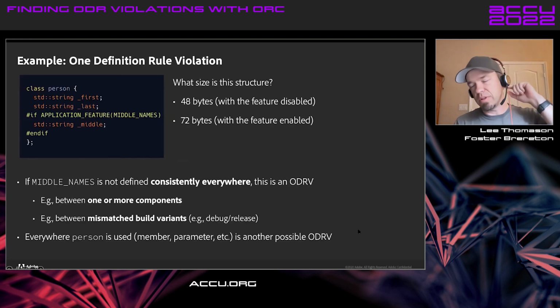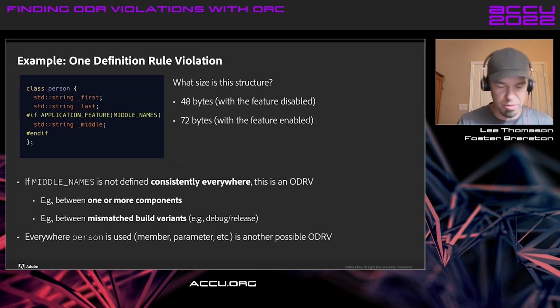This example that I'm giving you here is a modified example from one that we actually found in the source code of Photoshop. If you can see this class, we have a class person. The question that I would pose to you is, what is the size of this structure?